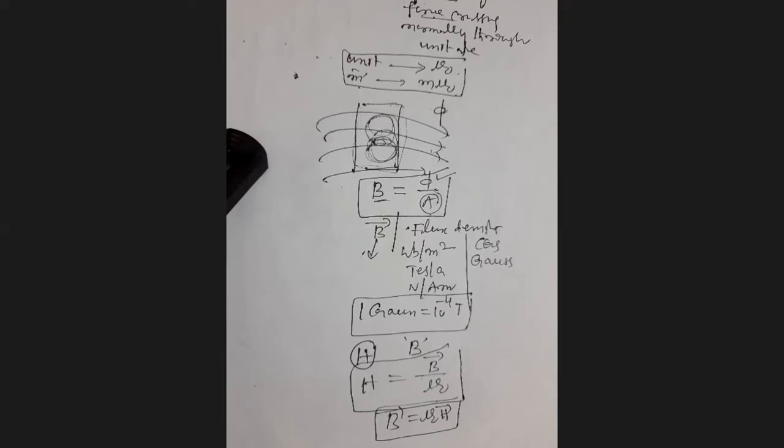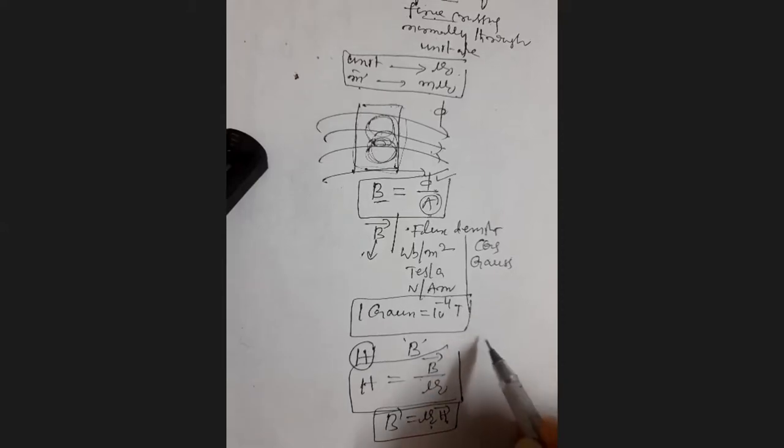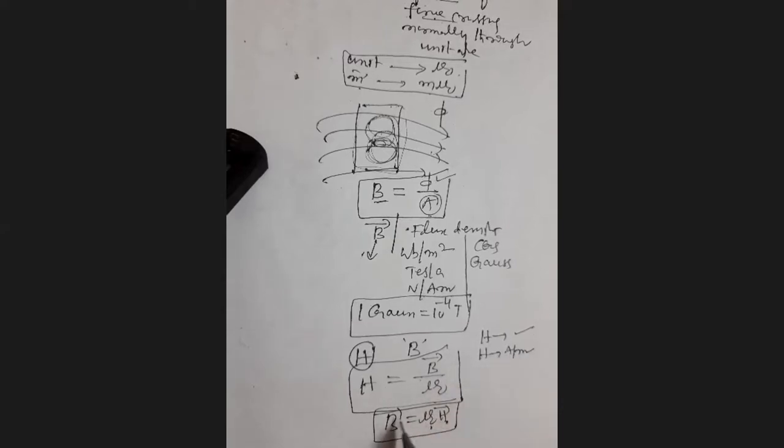Magnetic induction field strength is equal to mu naught times the magnetizing field strength H, where H is independent of the medium. The SI unit of H is ampere per meter. B units I already told you: Weber per meter square, Tesla, Newton per ampere meter. Okay.